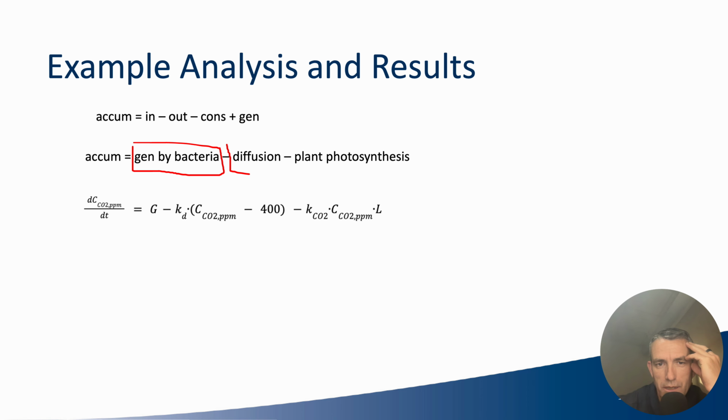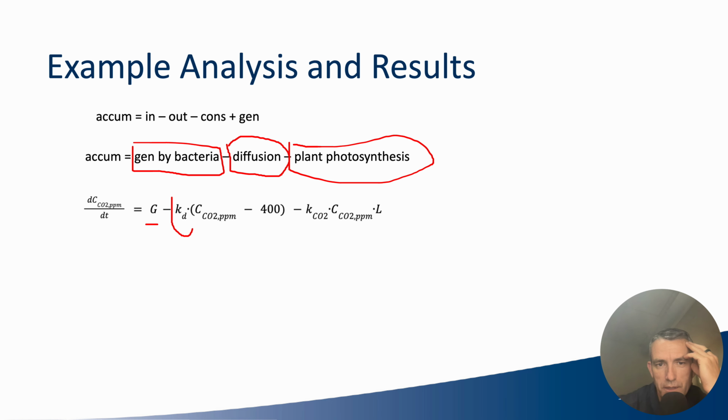There's some loss of CO2 out the top, in this case the open terrarium, and then there's plant consumption of CO2. This term is given to the students as far as the generation by the bacteria.